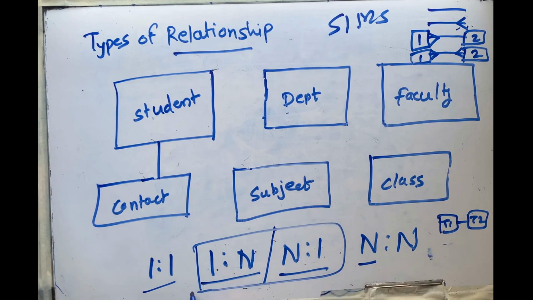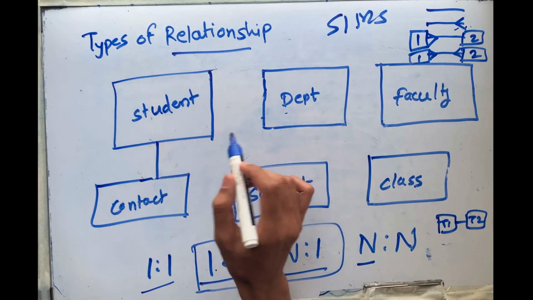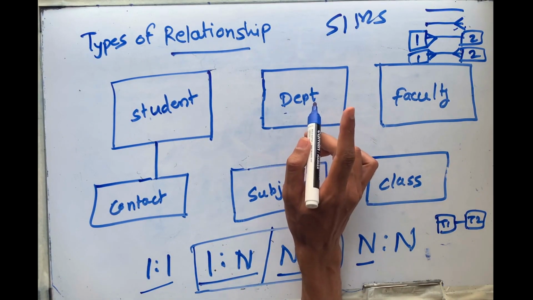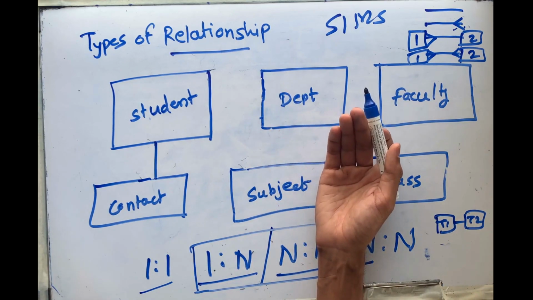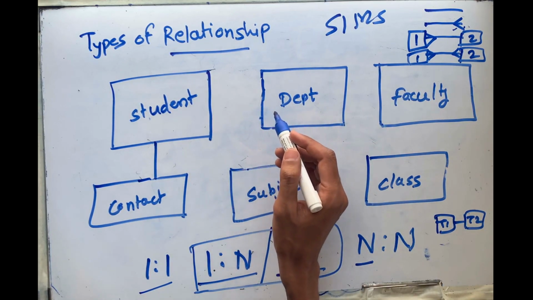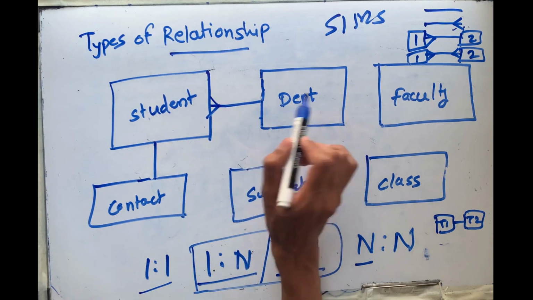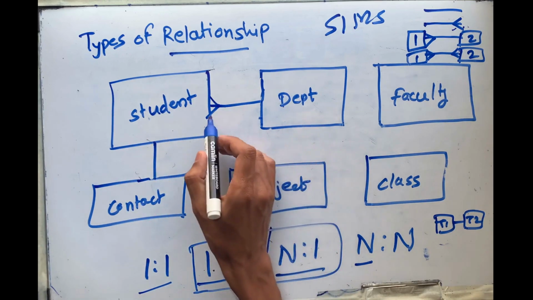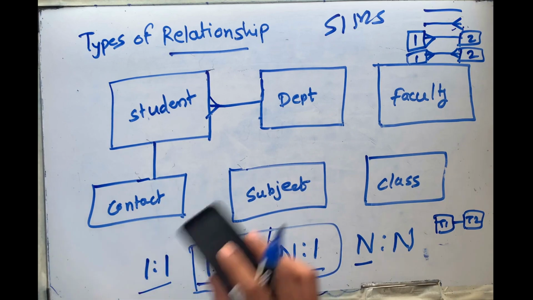Actually, these are nothing but only one thing. Let's say one student belongs to one department, but one department has different students, meaning there is n number of students. One department, let's say there is a batch of 60, then one department has multiple students. So that is the many to one. And one to many is the reverse direction.